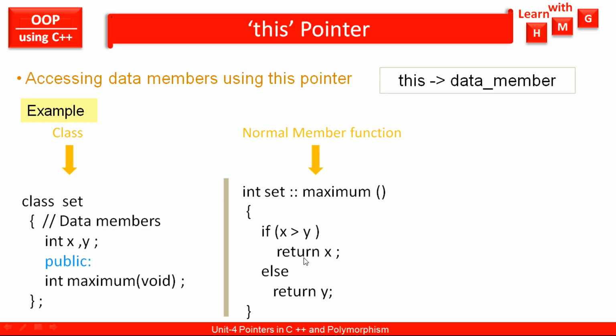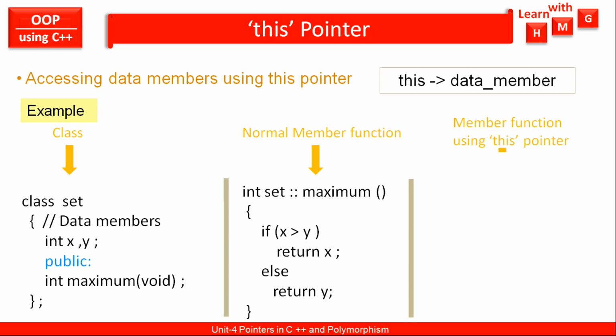If the value of x is greater than the value of y, then obviously x is greater and we return x as a result. Else, the condition is false, meaning x is not greater, y is greater, so we return the value of the y data member. So this is a normal member function in which the data member names are directly used. Now the same thing we can do with the help of this pointer.